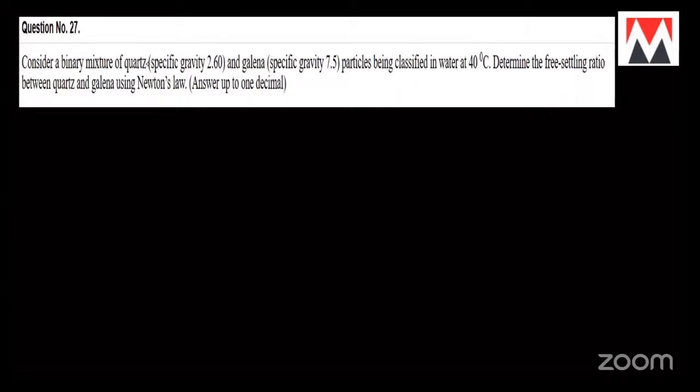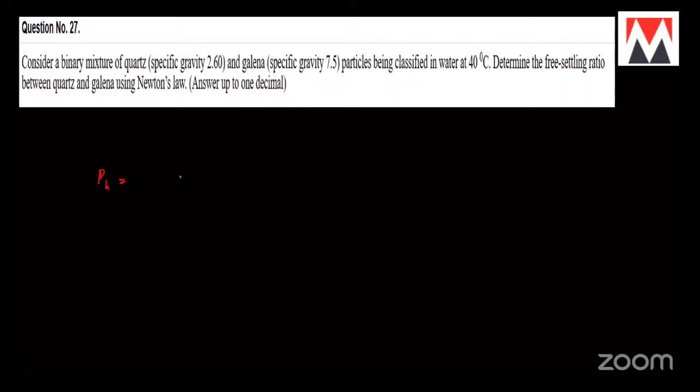So let us see the free settling ratio. There are two things here you need to see in free settling ratios. The free settling ratio, you can write it as rho minus rho naught, meaning rho of a heavy particle. How do you define this?